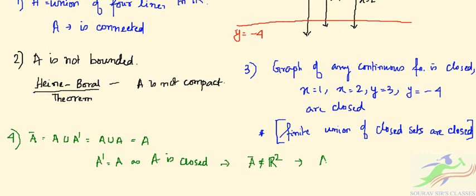So A is not dense in R2. Option 4 is not correct. For dense we must have the closure of A equal to R2.